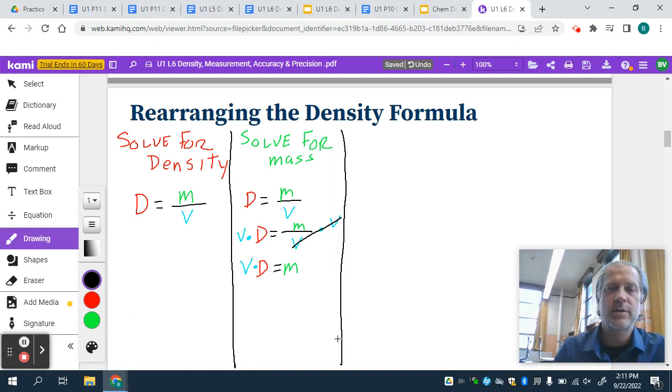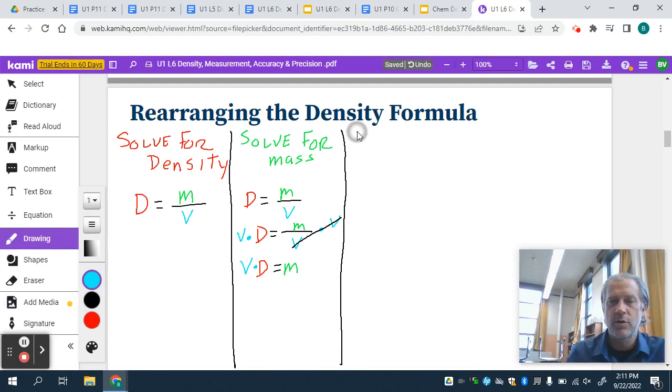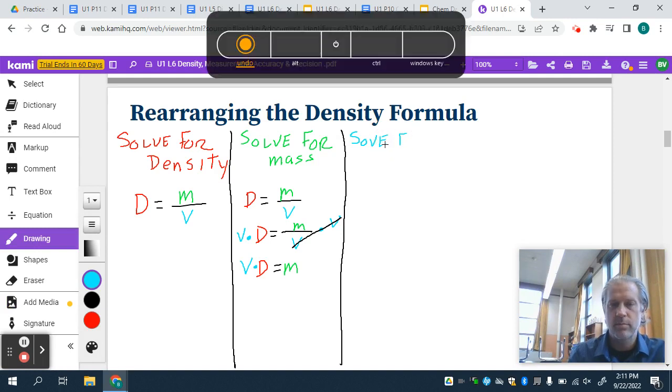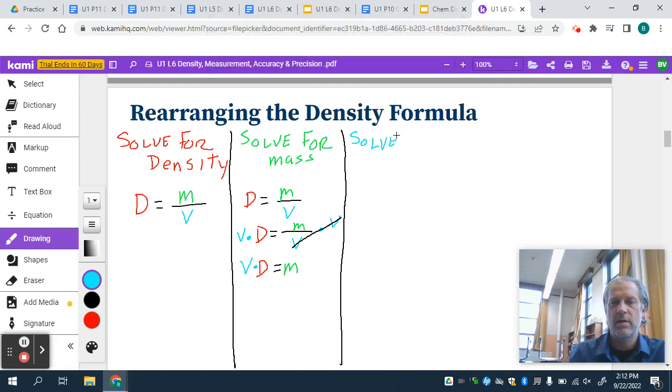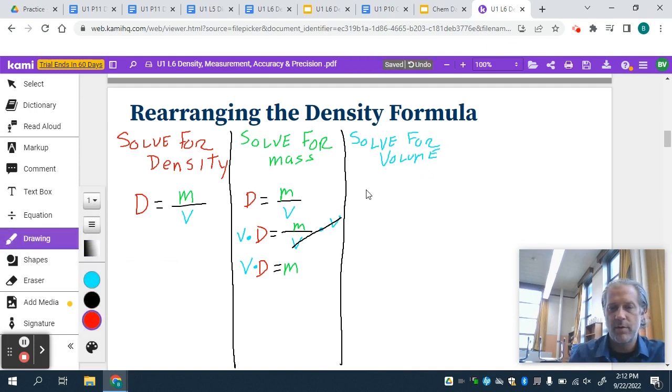And now the next quantity that we're going to try to solve for is volume. So we're going to solve for volume. Now, again, we're going to start with our original formula.